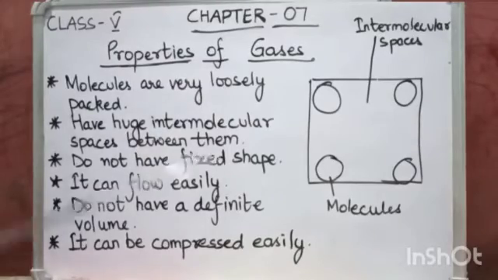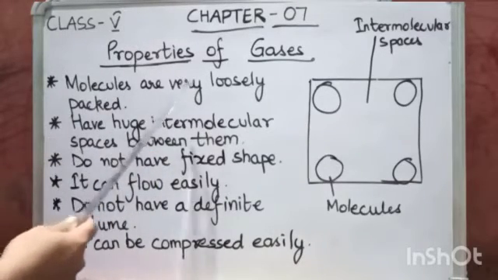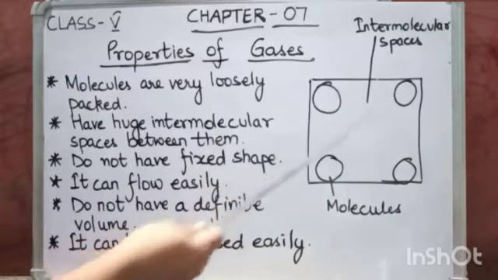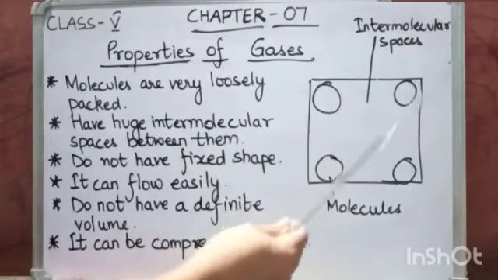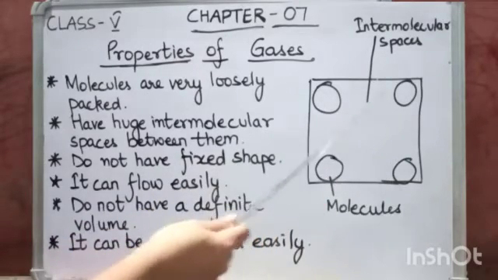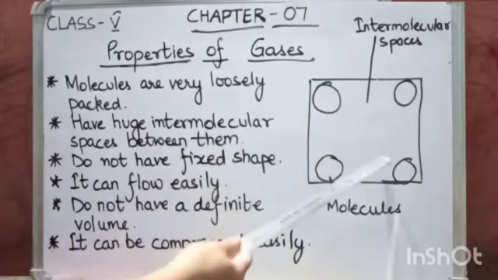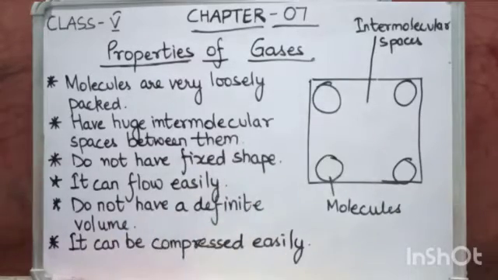Now students, see here, these are the properties of gases. The first property is molecules are very loosely packed. Here you can see molecules are far apart from each other and there are very large intermolecular spaces between the molecules. Just because of this, they do not have a fixed shape like solids.